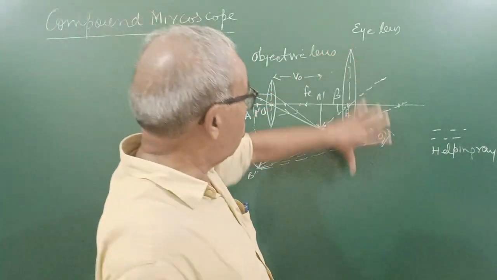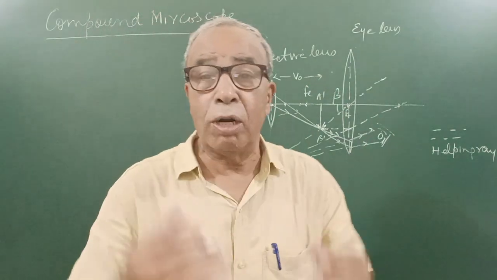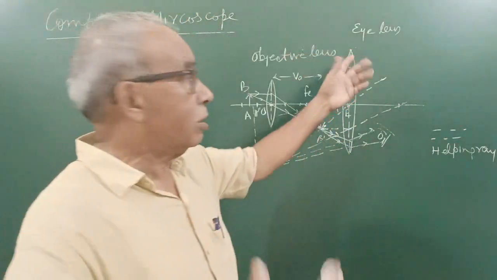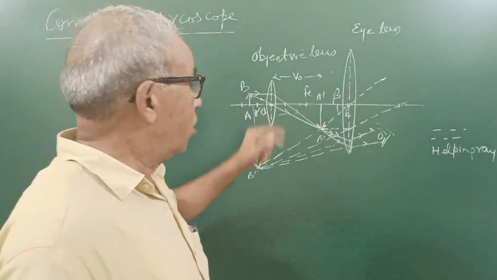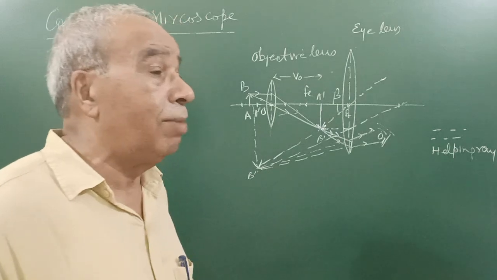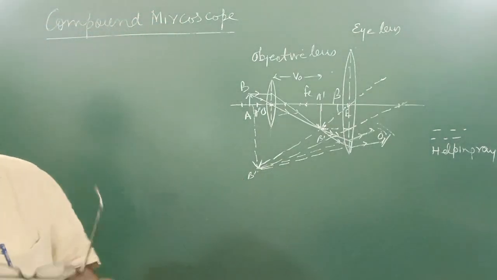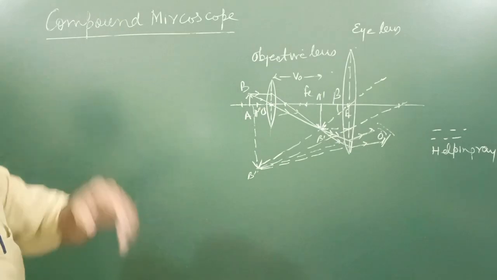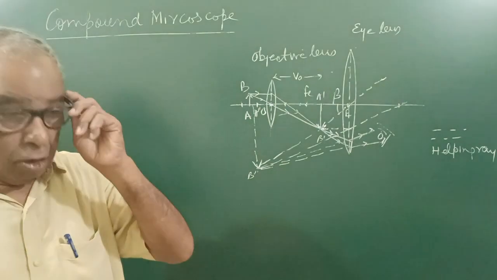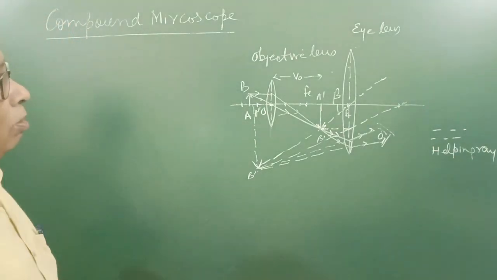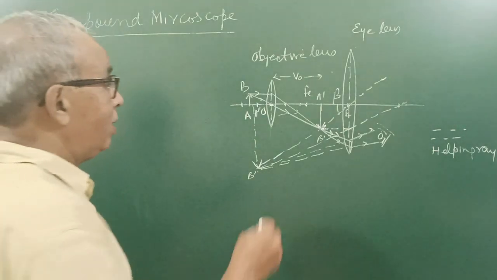Actually, the aperture of this eye lens is smaller than I have drawn. You might have seen a microscope in the biology lab to see slides and other things. Using a microscope we see very small objects which are not visible with the naked eye. I hope you have got my point.